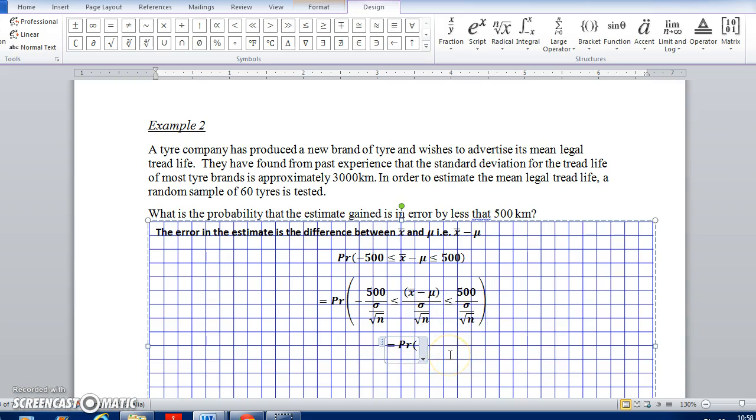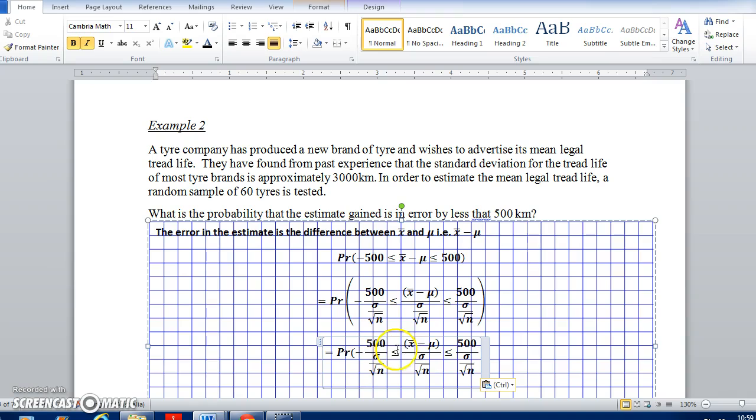So this is just a probability that Z, so we'll change this to Z because we know that we're working with that now, is between minus 500 on 3000 on the square root of 60 and positive 500 on 3000 divided by the square root of 60.